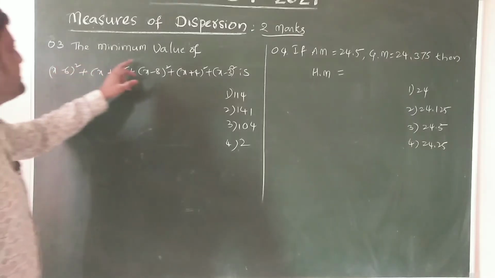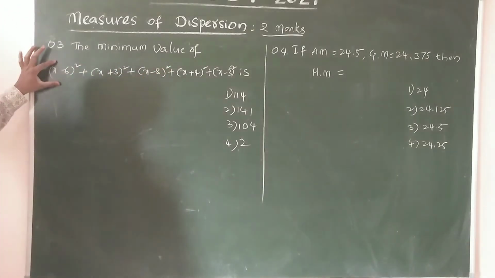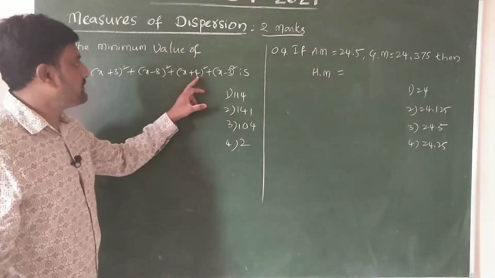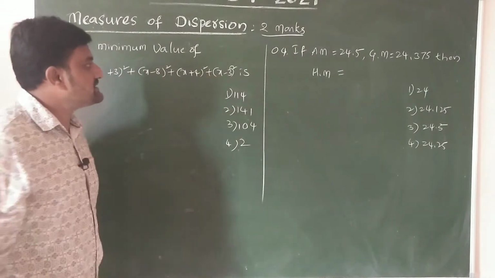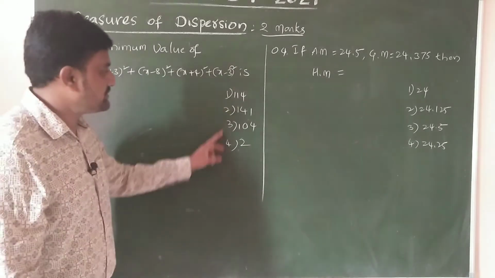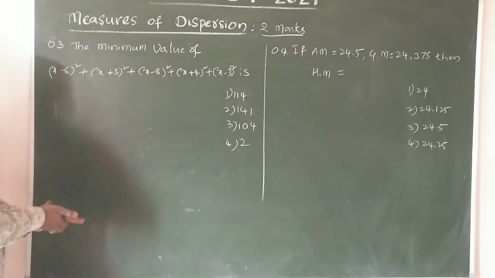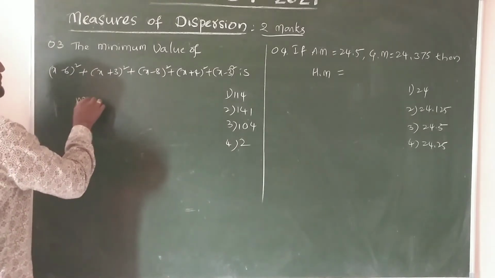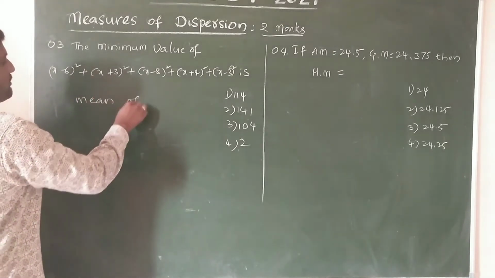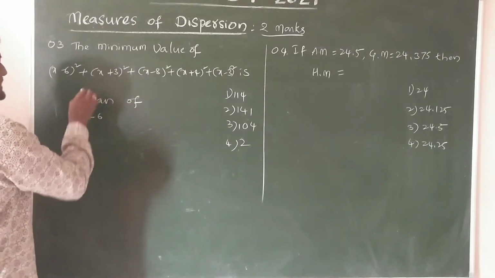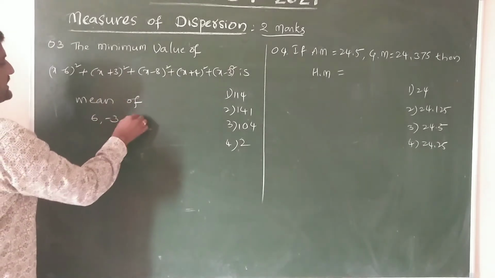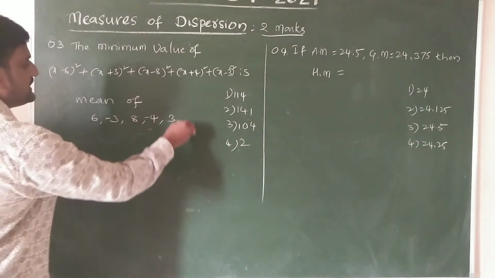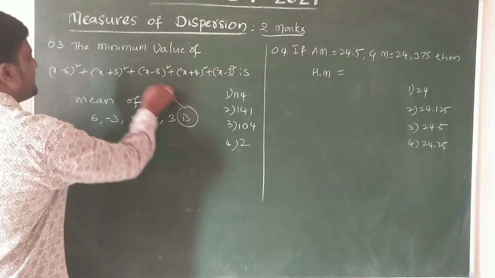Okay, the minimum value of (x minus 6) whole square plus (x plus 3) whole square plus (x minus 8) whole square plus (x plus 4) whole square plus (x minus 3) whole square is what in this option? Clearly, simply here we take the mean of 6, minus 3, 8, minus 4 and 3 as our minimum value.